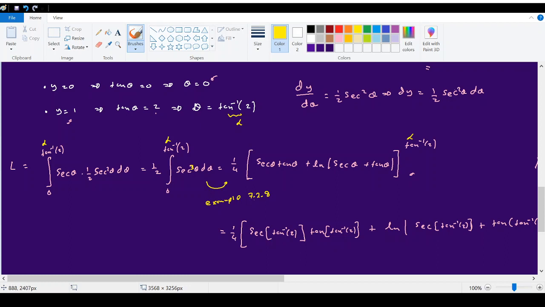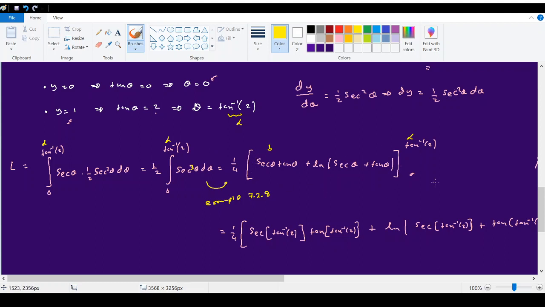When you integrate it, you will obtain this one as the answer, and we discussed it in example 7.2.8. You can see it in our videos as well as in the book. You don't have to remember these formulas, okay? But the only thing is that you have to know the correct method to obtain these formulas, right?